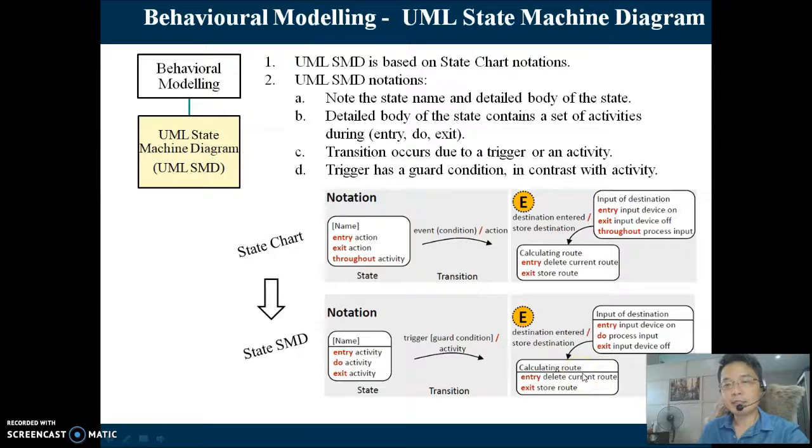And during the process, even though it's not notified here, it's going to override with new route calculated. Not during the transition, during the exit. During the transition, it's calculating the route. During the exit, the route will be stored.